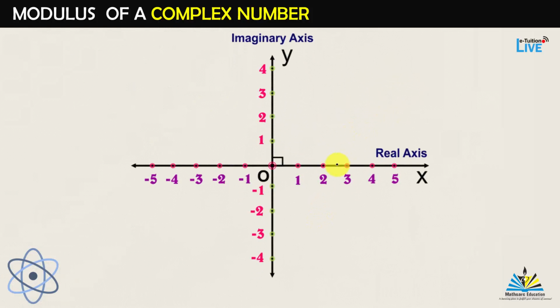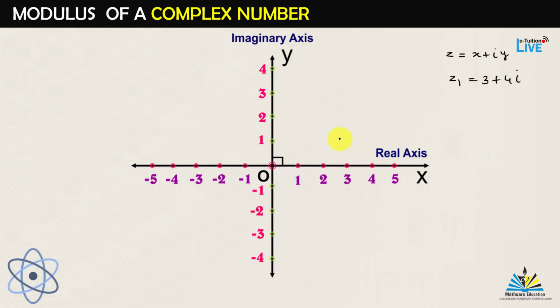Let's understand the meaning of a modulus of a complex number. Let's say we have a complex number z as x plus iota y, or to be specific, z1 as 3 plus 4 iota.